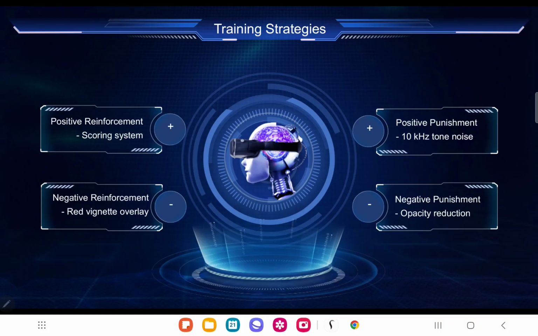So when the kid is doing something right, we want to reinforce them. When the kid is not doing correctly, we have positive and negative punishment to correct the attention pattern behavior.